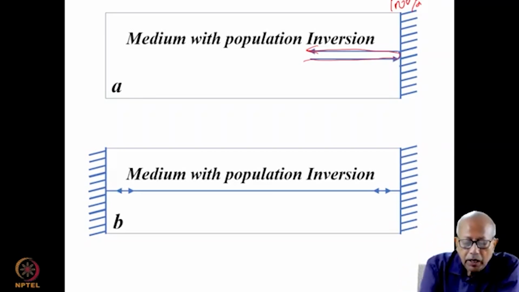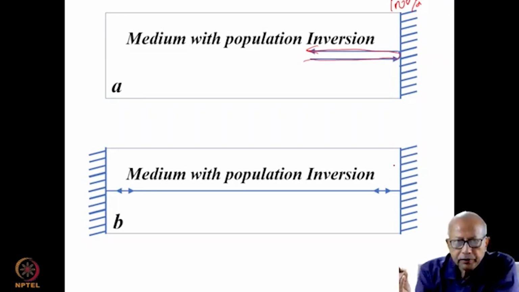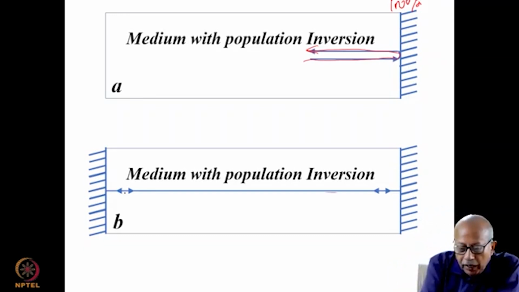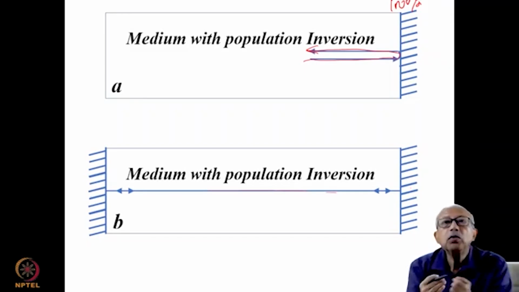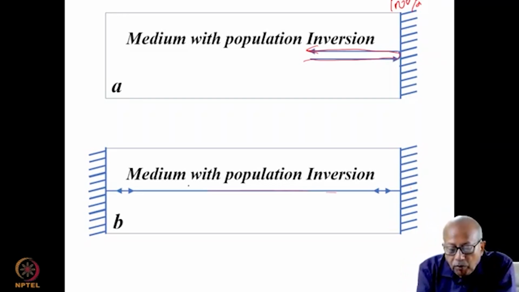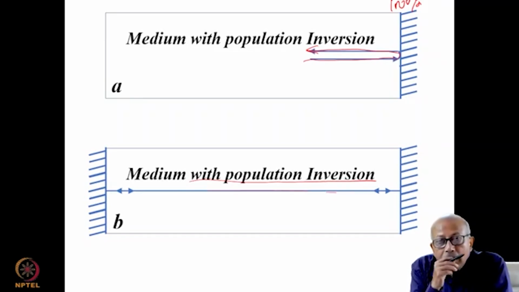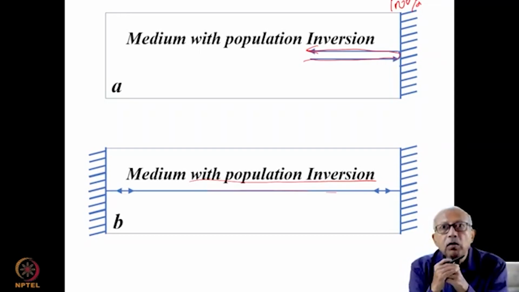If you put another mirror exactly parallel to the earlier one, that should solve the problem, because it would allow light to move to and fro almost endlessly. And because it is a population inverted medium, as the light, that means resonant photons, travels back and forth, it will stimulate the excited atoms, and by virtue of stimulated emission, their number will grow.